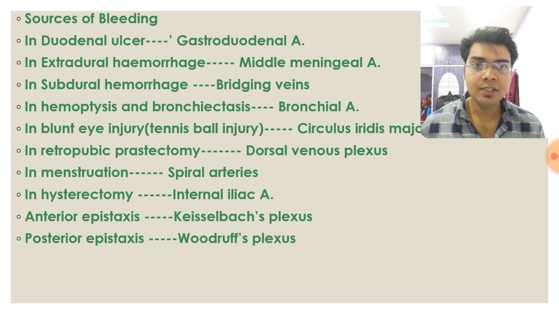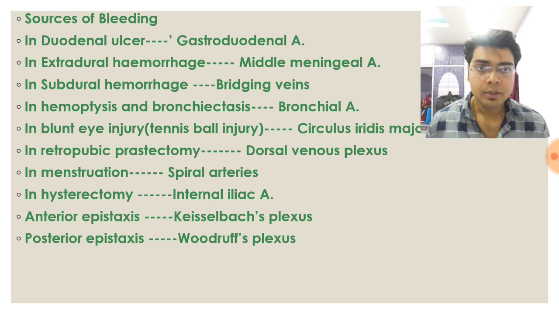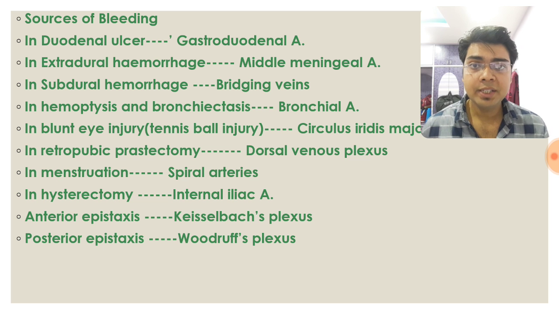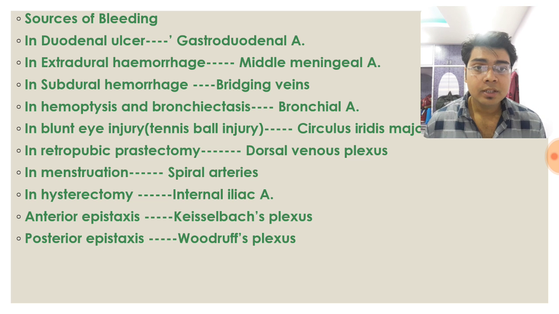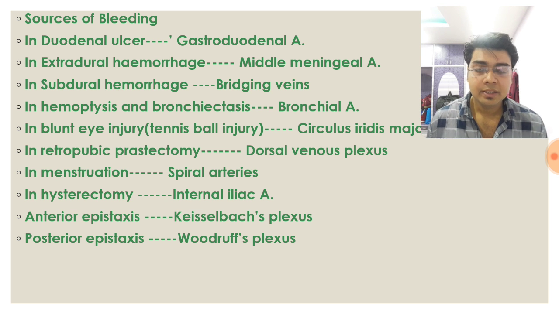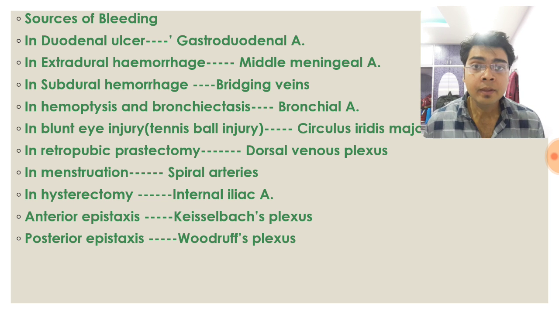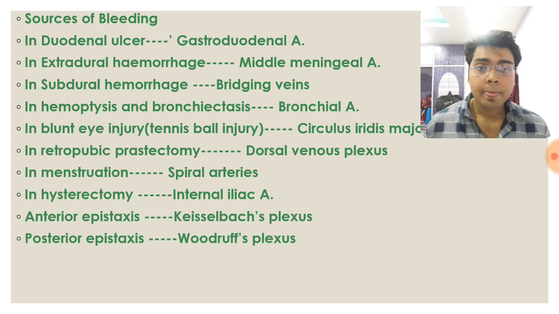In blunt eye injury or tennis ball injury, it is the circulus iridis major artery. In retropubic prostatectomy, there is bleeding from the dorsal venous plexus. In menstruation, it is from spiral arteries. In hysterectomy, internal iliac arteries. In anterior epistaxis, Kiesselbach's plexus, and in posterior epistaxis, Woodruff's plexus, due to hypertension or something, not due to trauma. Okay, so I'll finish this video here.